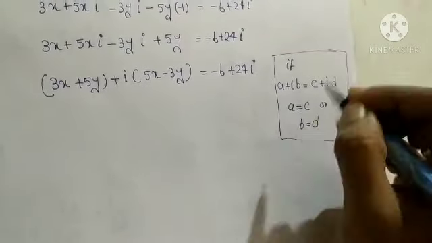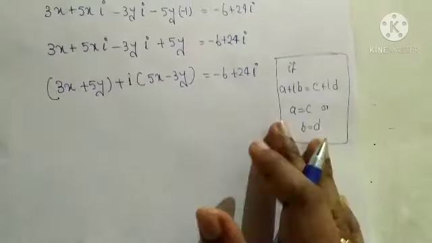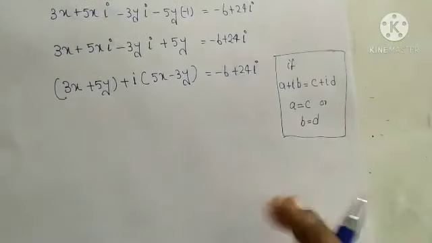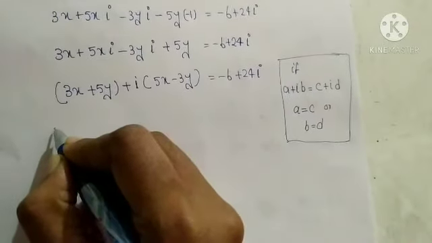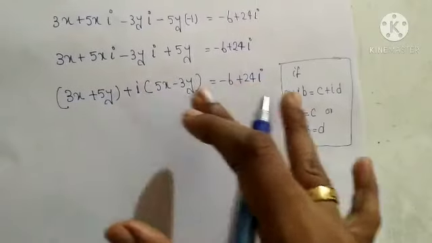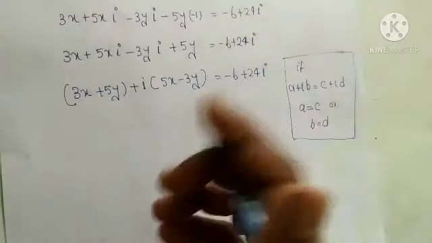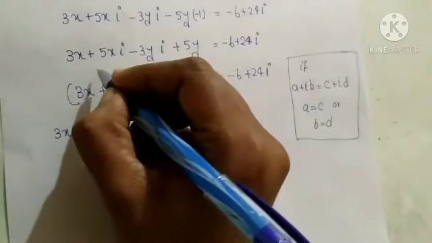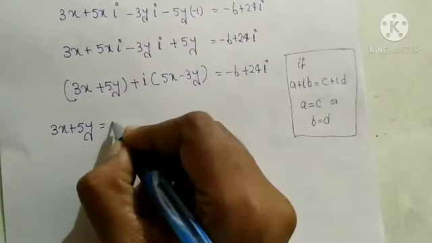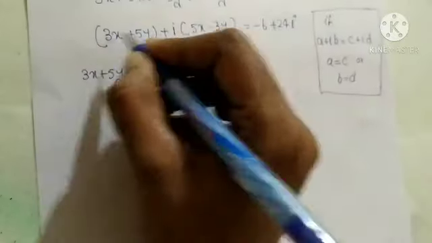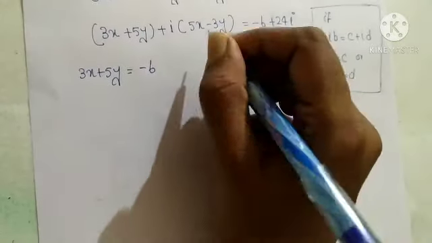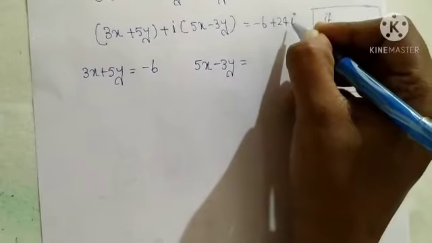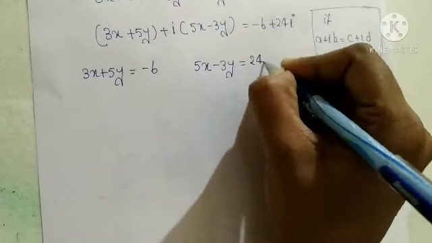Similarly, given that the multiplication of these two complex numbers is equal to the conjugate of this number, equating real part and imaginary part on LHS and RHS, we get 3x plus 5y, the real part on LHS, is equal to the real part on RHS, that is minus 6, and again the imaginary part of LHS, 5x minus 3y, equals the imaginary part of RHS, that is 24.